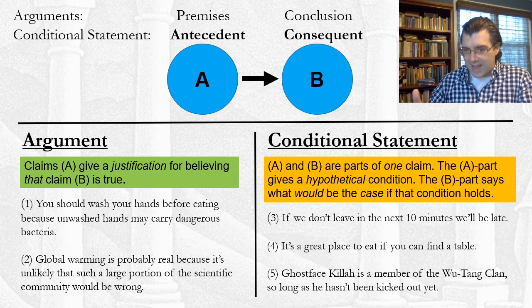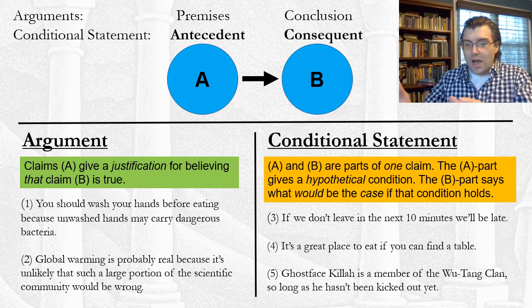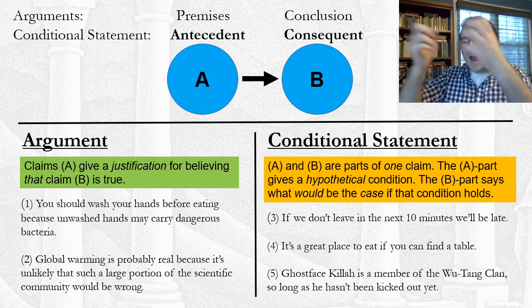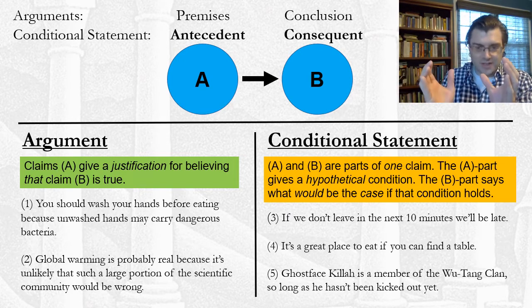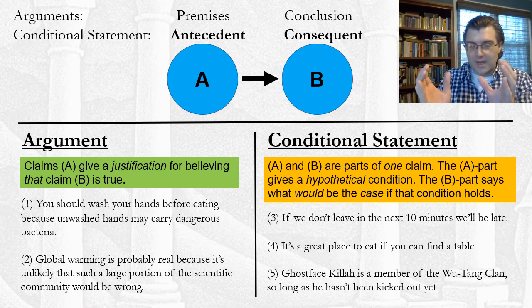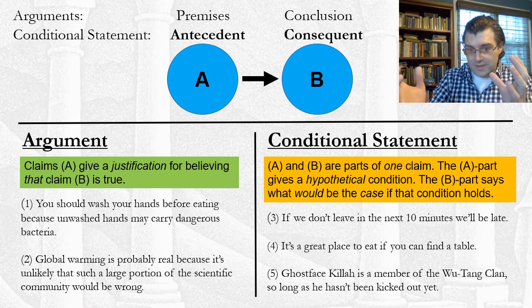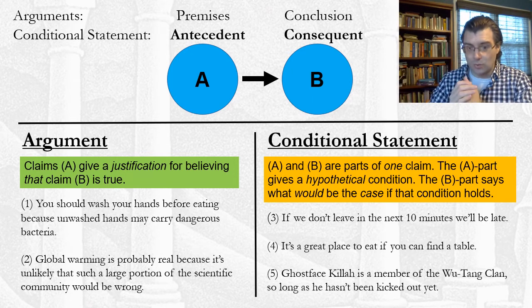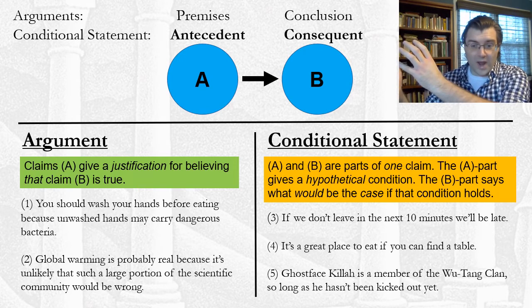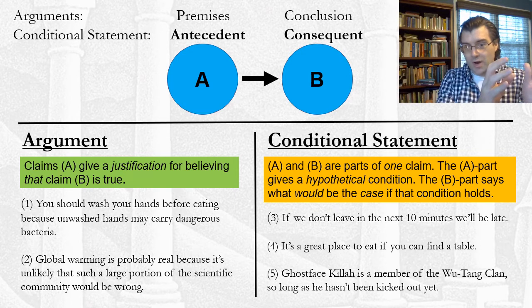You can't extract the A part of this conditional claim from the whole conditional claim and treat it as a single thing that's being asserted. And the reason you can't do that is because it's not being asserted in this passage. What's being asserted is the relation between 2 possible ways the world can be. The way that it can be where we don't leave in the next 10 minutes, and the way that it can be where we'll be late.